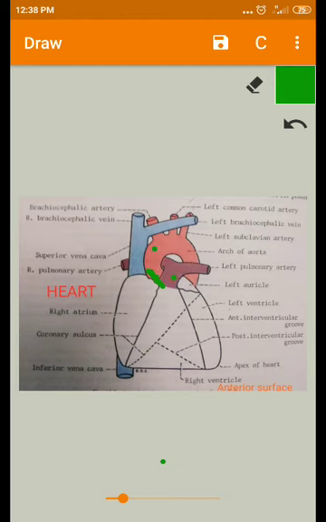We can't see the interatrial sulcus anteriorly because the groove is hidden by these two great vessels, and posteriorly we can see it very slightly.